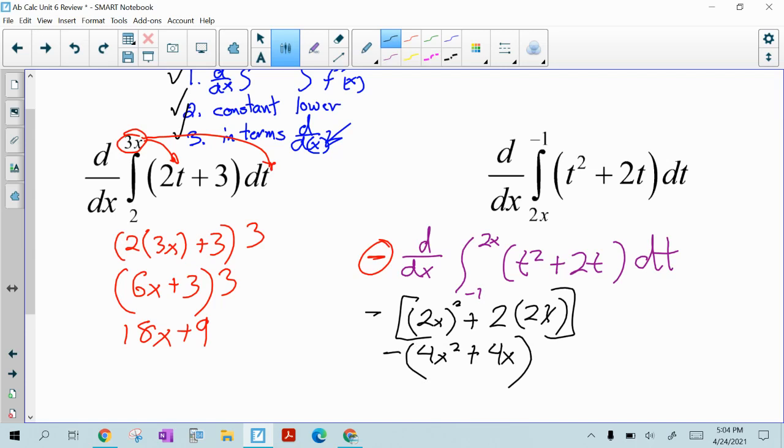So let's see what we can do on that. Oh, wait a second. I can't believe I missed that. I did the substitution, and what did I forget? I forgot to put the derivative of that there. Shame on me. All right, so we're now going to say that this is going to get me a negative 8x squared plus 8x.